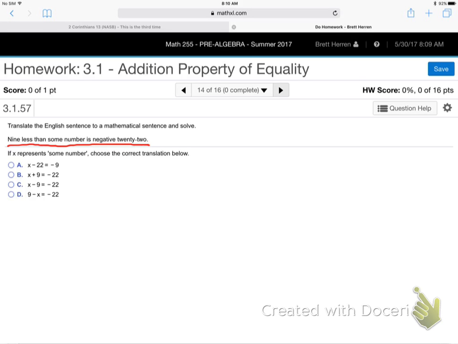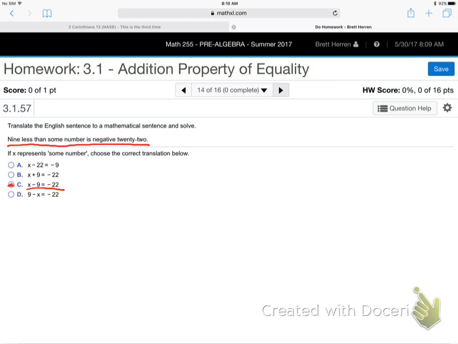Okay, so 9 less than some number, it's C, isn't it? Because 9 less, 9 taken away from the x, is negative 22. Good on that? All right, let's keep moving.